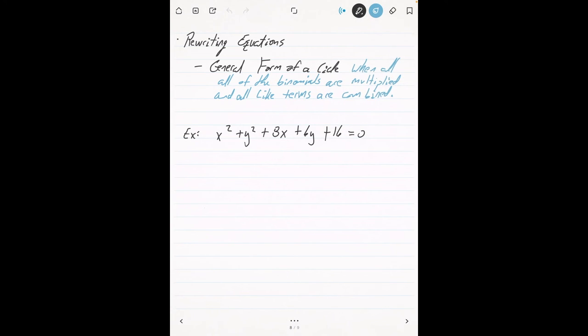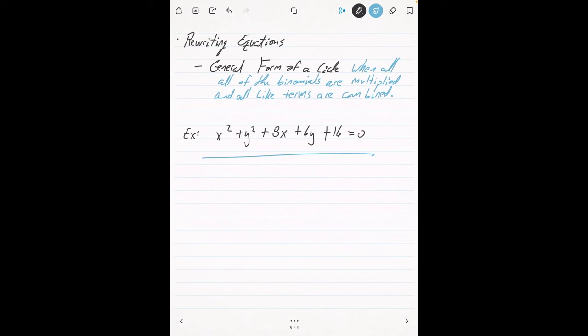Standard form is (x minus h) squared plus (y minus k) squared, and you set that equal to the radius squared. That's the standard form. The general form is when you actually multiply out these binomials and then combine all of the like terms. So what we want to be able to do is switch between representations.